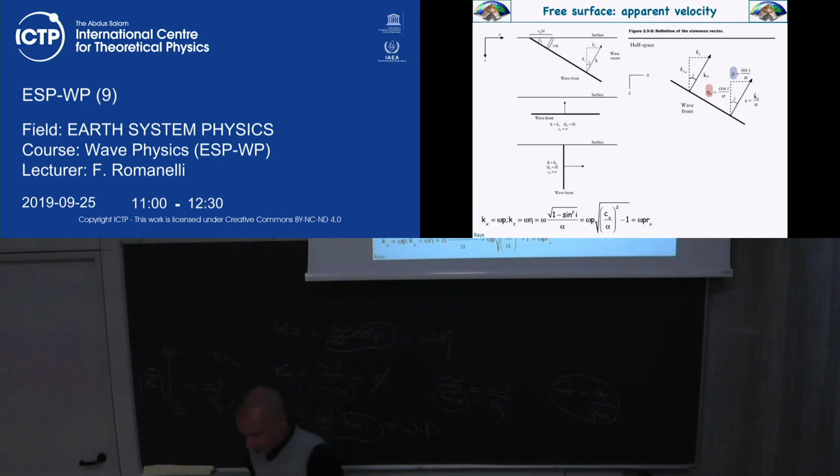And since kx is a quantity that will be remaining constant, in the other slides kx is so important that we will drop the x, and we will call it small k. And kz will be called, in terms of k, using this R alpha. If you have beta, it's the same. But please just remember that this is nothing else than geometry.